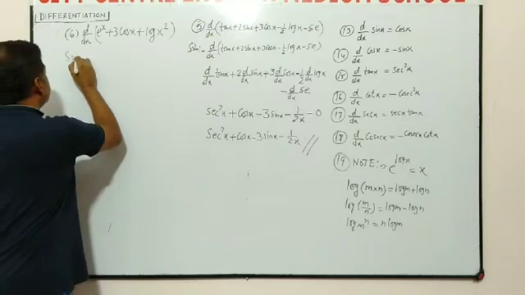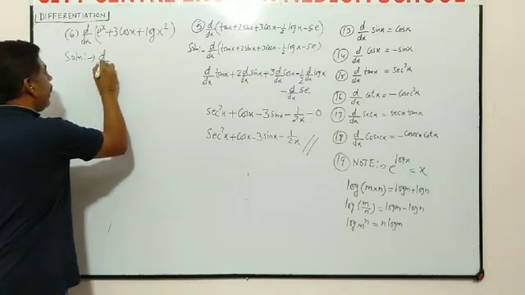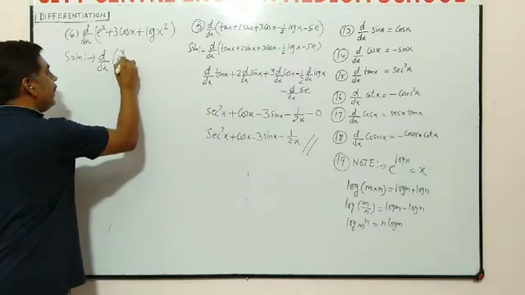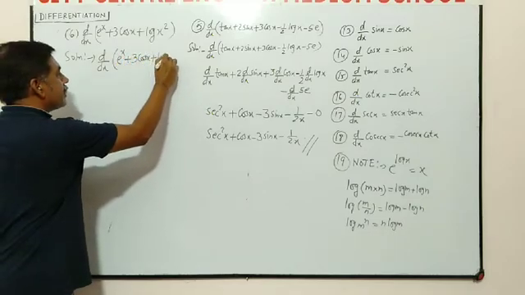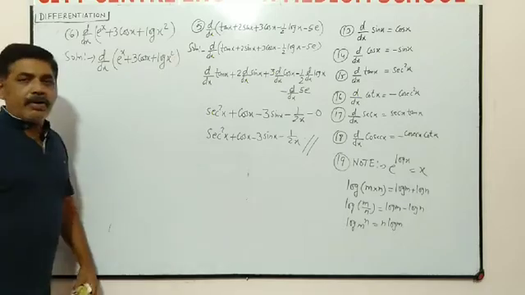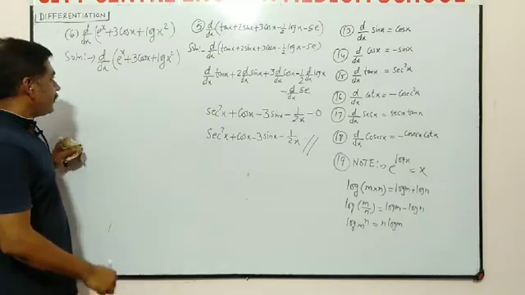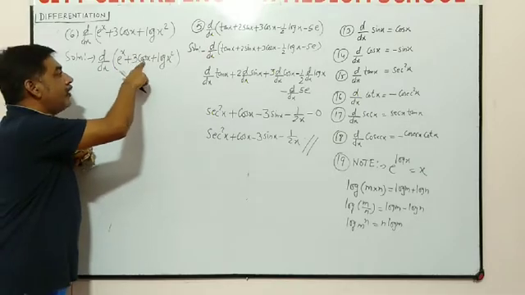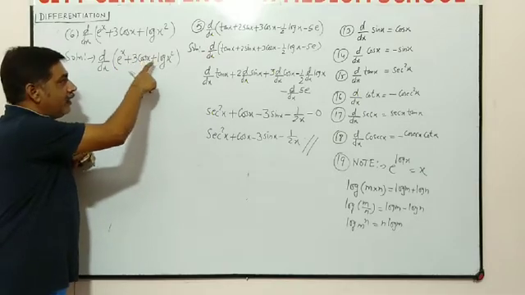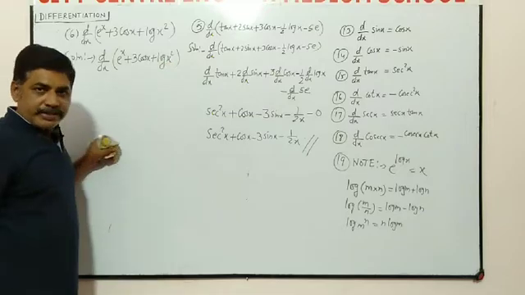So solution: d by dx of e raised to x plus 3 cos x plus log x square. Now, we know the differentiation of e raised to x, we know the differentiation of cos x, but we do not know the differentiation of log x square.